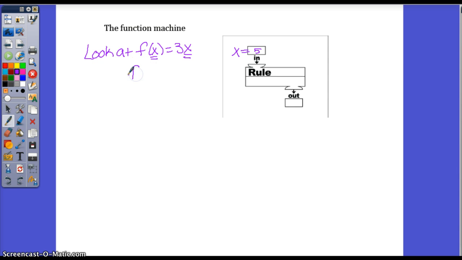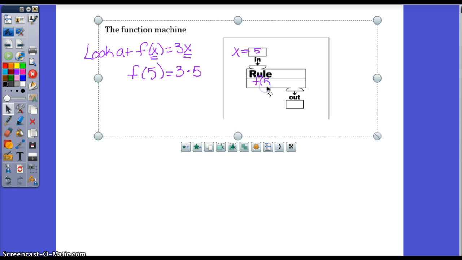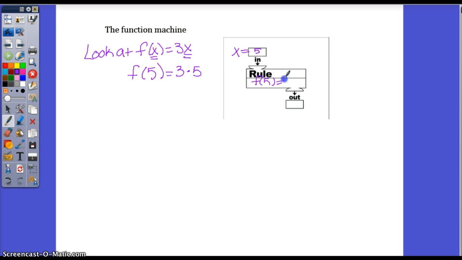So I have f of 5 equals 3 times 5. And all this is saying, you're not solving for something. It is saying, what is y when x is 5?